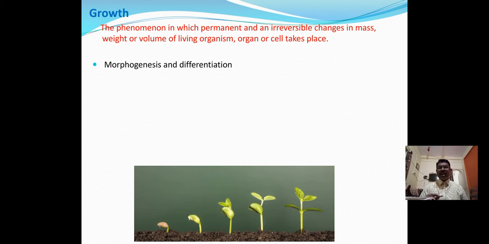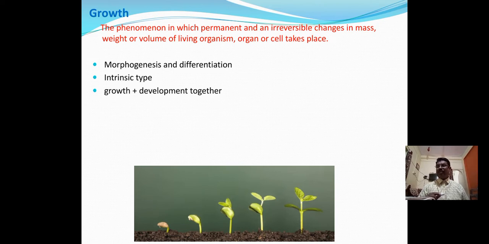In a living organism, the growth is intrinsic type, means it is an internal, ultimate process. The growth and differentiation or development takes place together, and it is essential for the life.